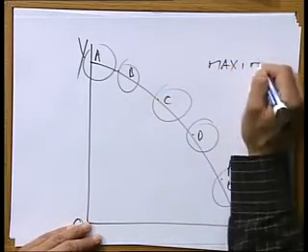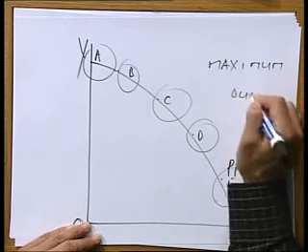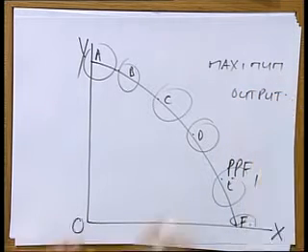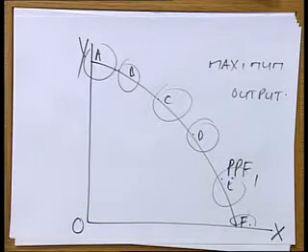The maximum output that you can produce under the given technology. You cannot improve technology, you cannot change technology, and you're using all the available resources to the maximum. So, productive efficiency simply means it's the maximum output that you can produce with the available resources as well as the technology.